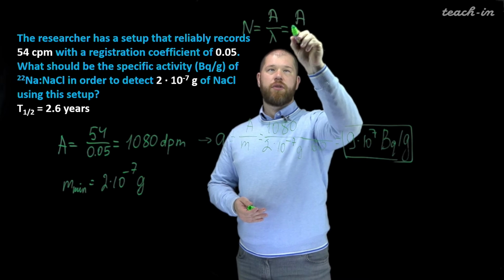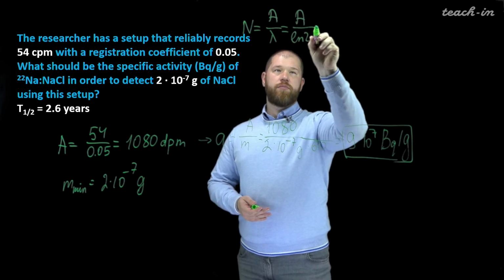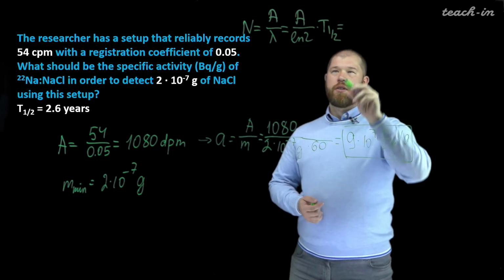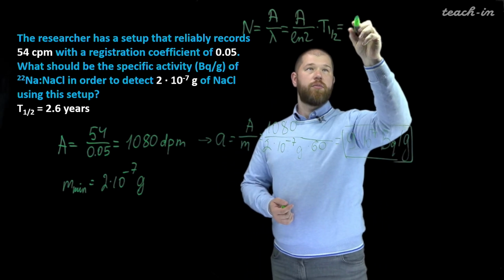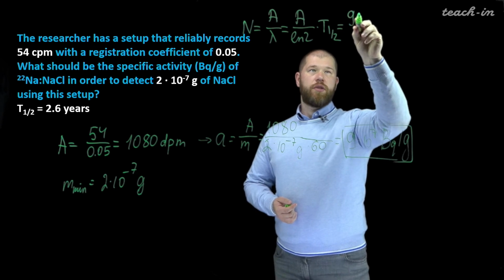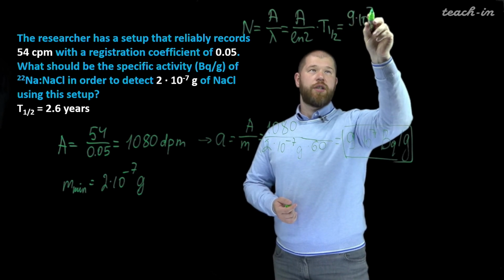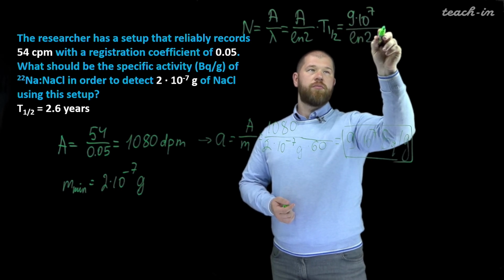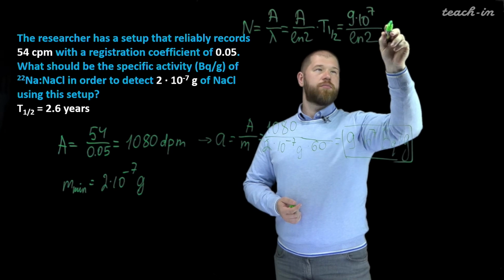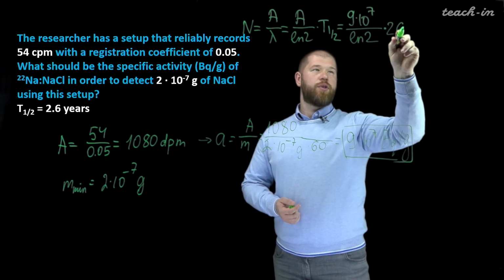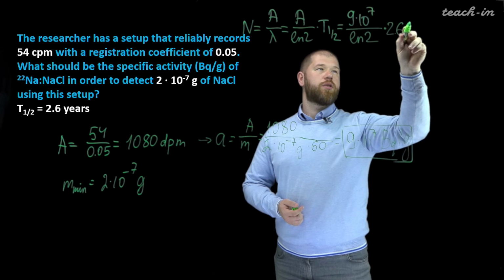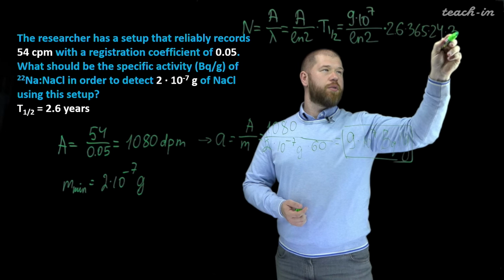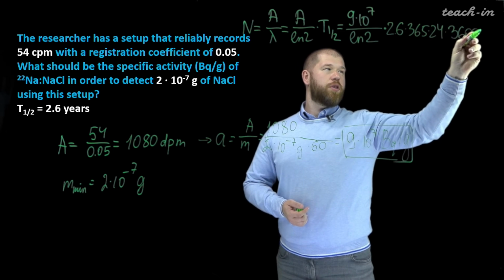So it will be activity divided by... So, let's calculate it. Let's take 1 gram of this labeled compound. And again, we have to convert years to seconds with this simple calculation.